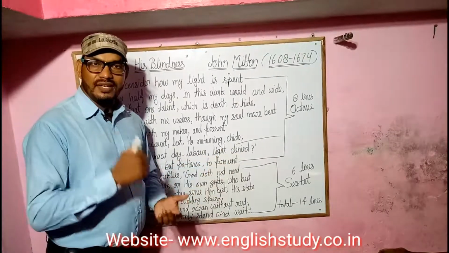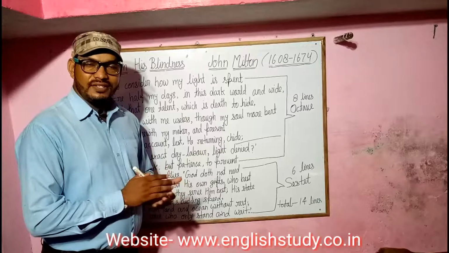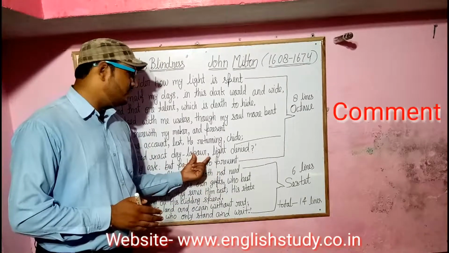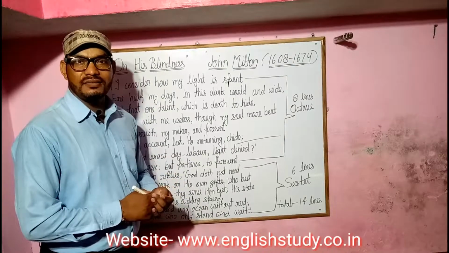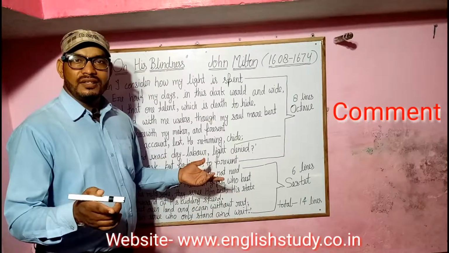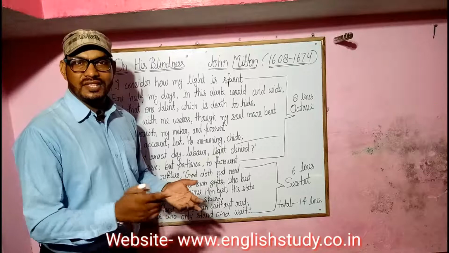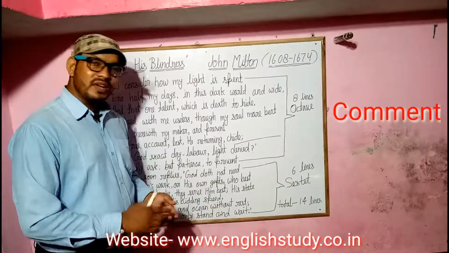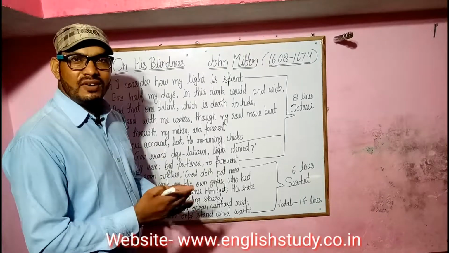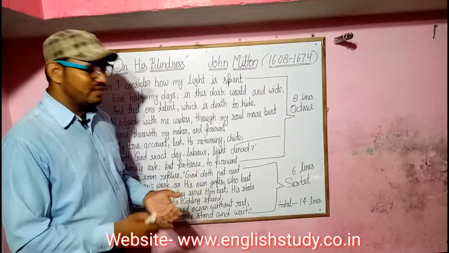"Light denied" after taking eyesight. After taking eyesight, there is no value of daylight. You can't do any work which you do in sunlight if you have no eyesight. The day and the night are the same to a blind person. Then what is the use of sunlight? You can't do any work which you do in sunlight.